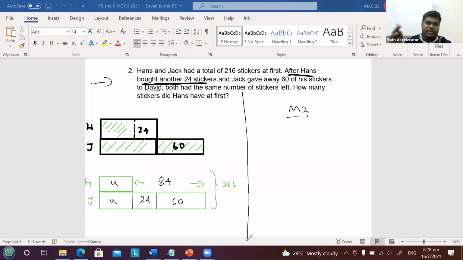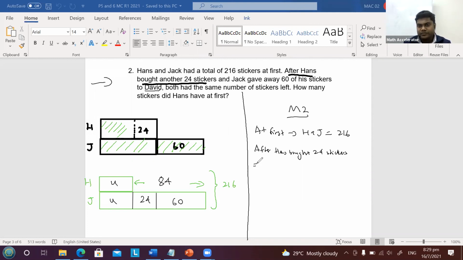Now I want you to think about this logically, okay? At first, Han and Jack total is 216, correct? Now, if Han bought another 24 stickers, write down after Han bought 24 stickers, what is the new total?